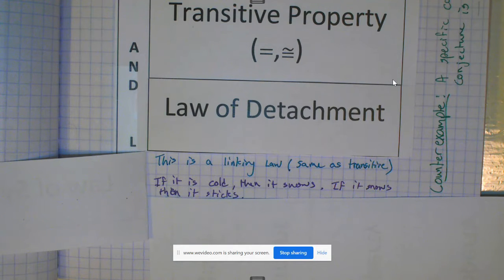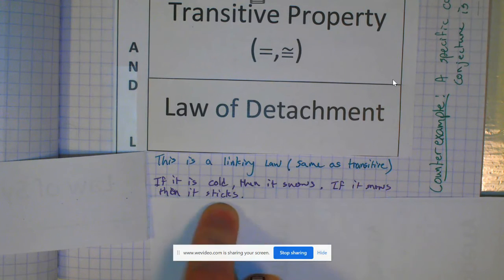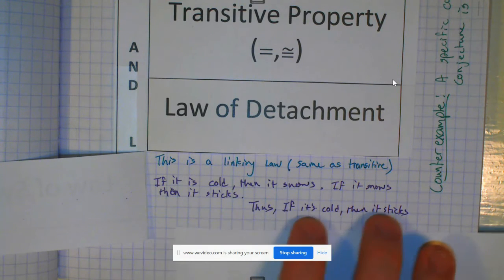And if it snows, then it sticks. Well, we can conclude here: cold, snows; snows, sticks. That if it's cold, it's going to stick. That's what we can conclude. Very simple there.